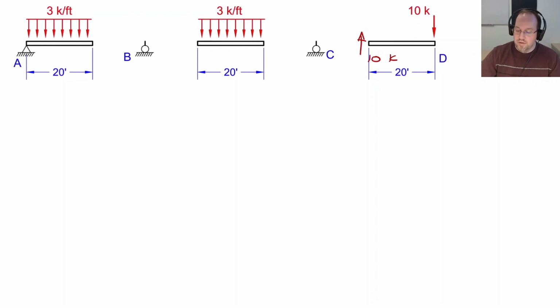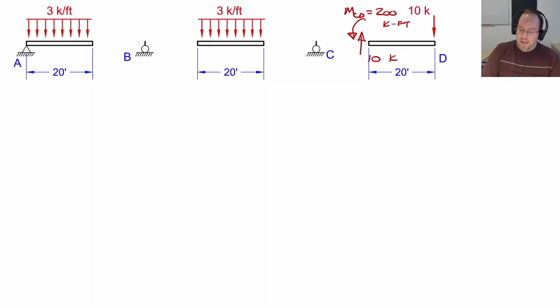So therefore, that has to be 10 kips up. And you'll also have a moment at this location for your internal moment just by taking a sum of moments. And so that moment, we'll call that MCD. In this case, is equal to 200 kip feet. So therefore, for cantilever ends for CD, you don't need slope deflection equations at all. Just solve for your moment and force directly.